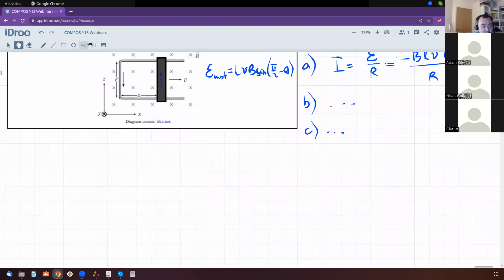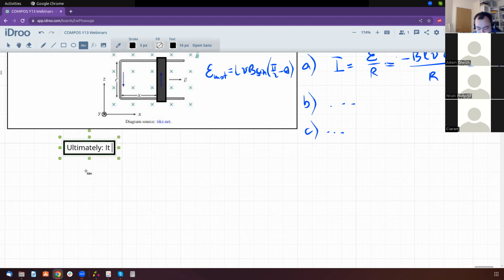Now, ultimately, what you need to understand, actually, is that it does not matter how the flux changes.